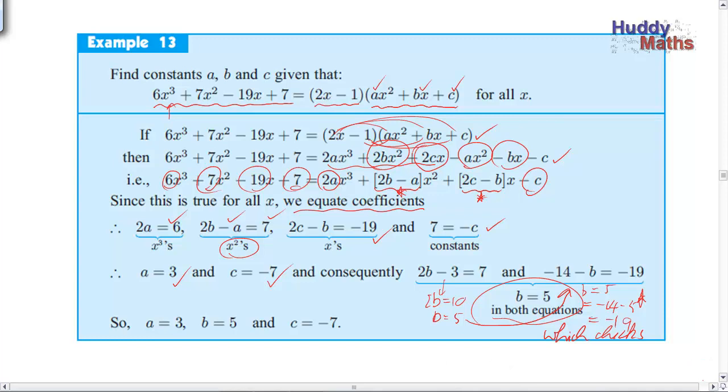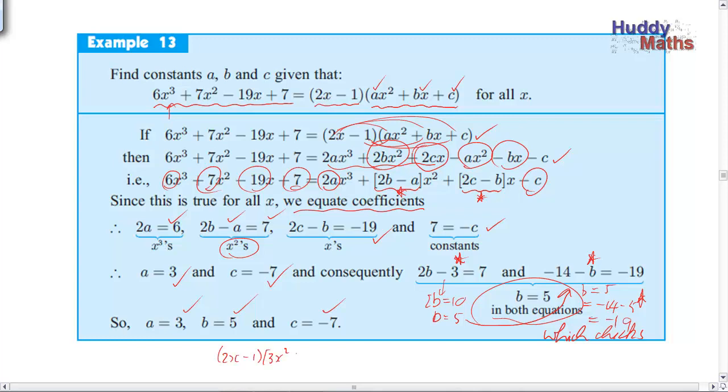You can't just not check it. So it must be a common solution for all equations containing that particular unknown. So we've found it. And more importantly, we now have our original polynomial in this form.